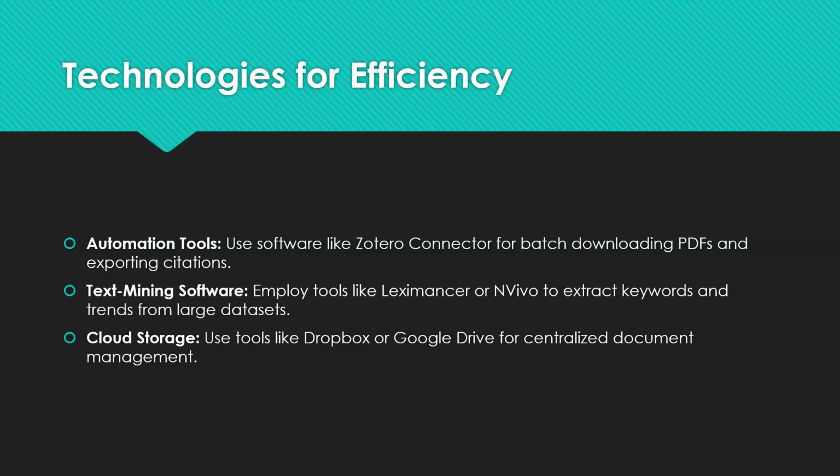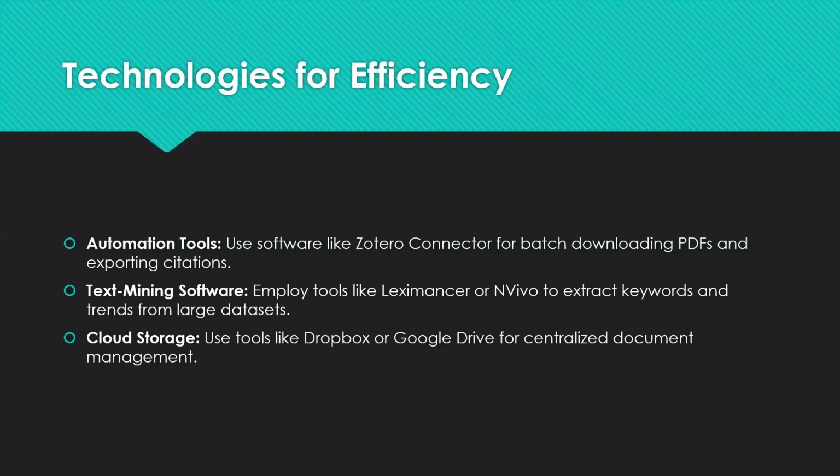Only if you have paid, you are able to download the articles, or else you can't download them. It also exports the citations, which is helpful for your reference. So this helps to save your time and ensure accurate citations, like, for example, automatically saving all your references from a research database into a project folder. That is about automation tools.